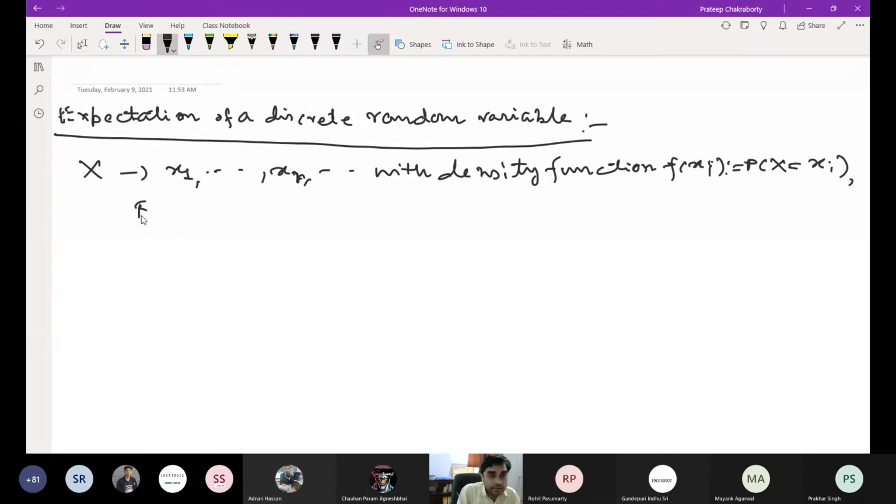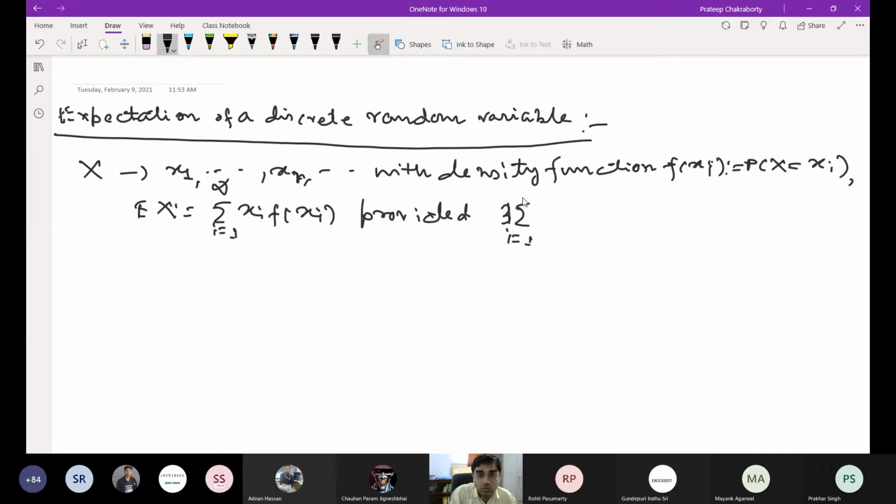Then we define Ex to be the summation of xi f of xi, provided the summation from i equal to 1 to infinity of mod of xi f of xi is finite.